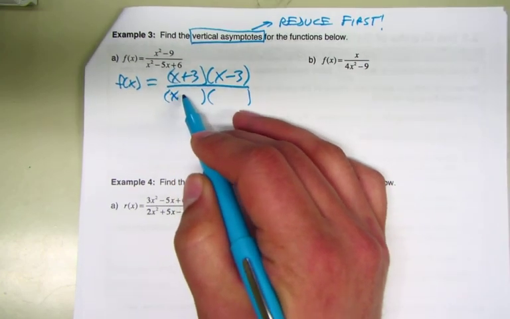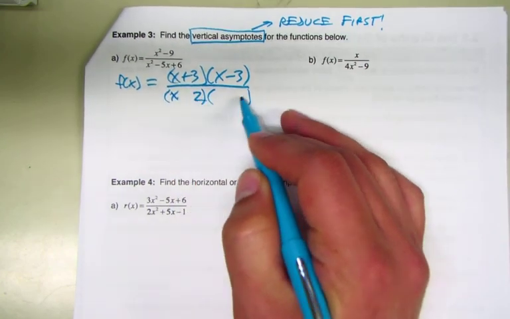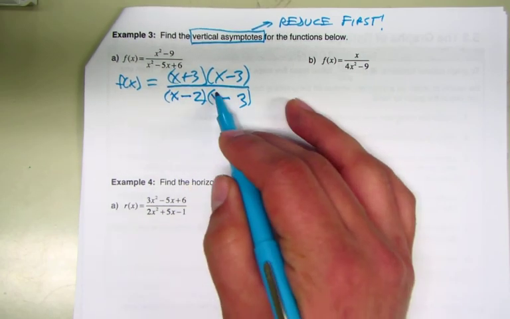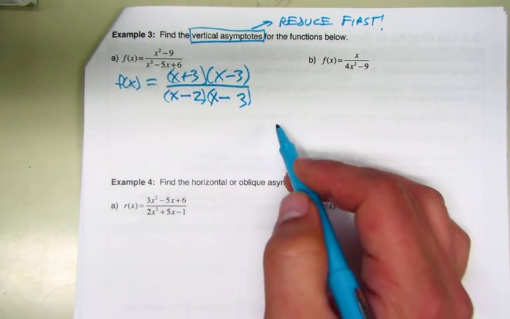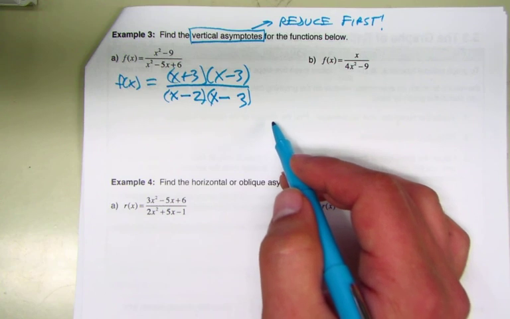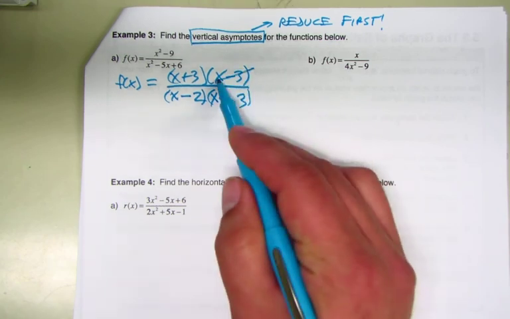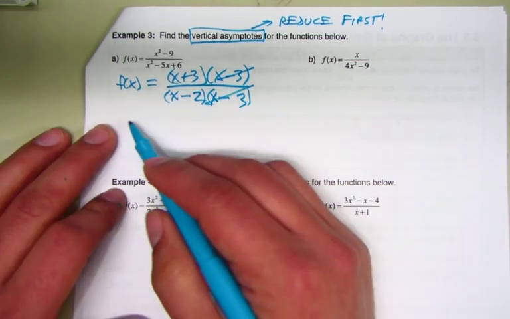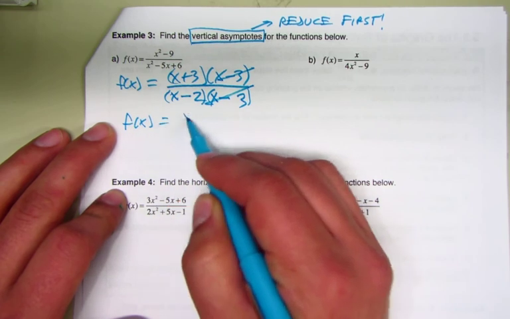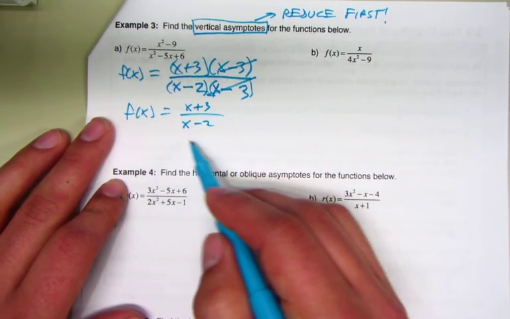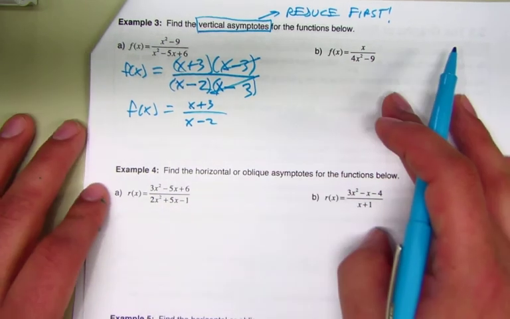3 and 2. 2 and 3, and these both have to be negative. What do you notice? Can we reduce this at all? Yeah, you can cancel out this common factor. X minus 3 cancels. The only thing we have to figure out then is what the vertical asymptote is for this new, simpler function.